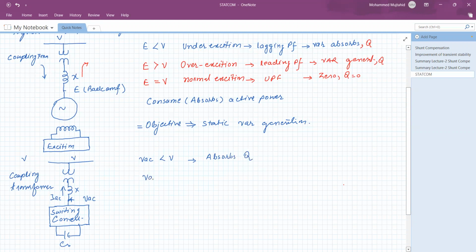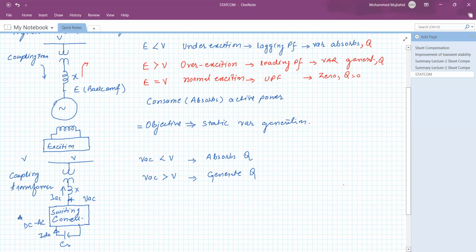When VAC is greater than the system voltage, it will deliver the current to the transmission line and generate reactive power. This happens with the help of the switching converter, a DC to AC switching converter. This is the current IDC.